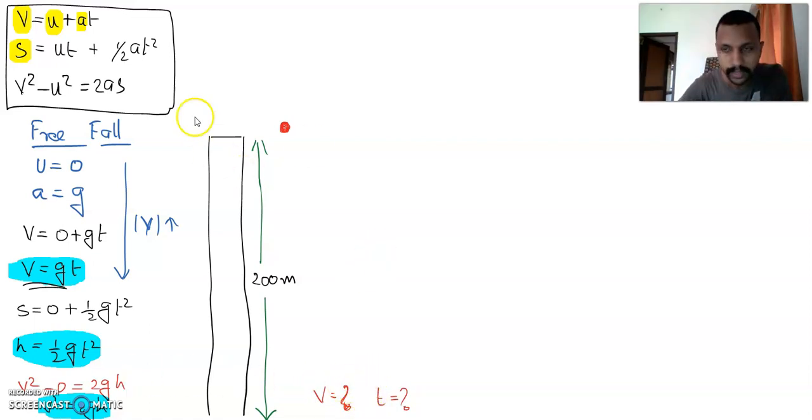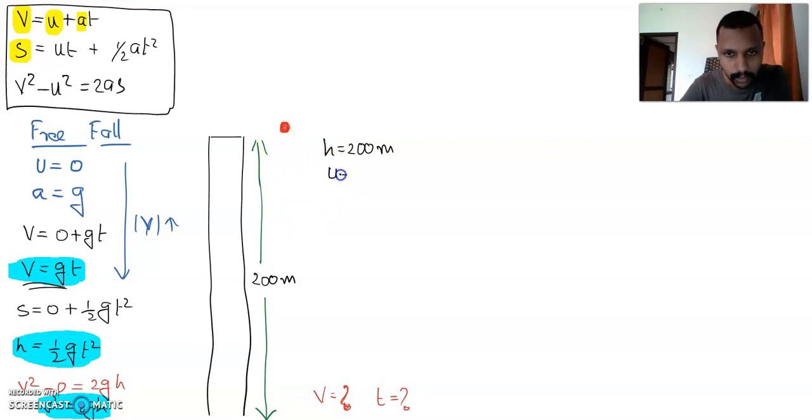Then in this situation, since it is a freely falling substance, you could use these relations. Then let's initially find out the velocity. In order to find out velocity, the data that are given is h is given as 200 meters. Then u, it is free fall.